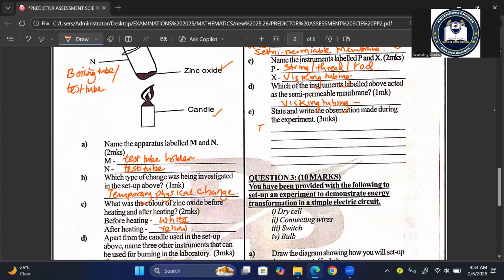So we can say the sugar solution level in the Visking tubing increased.